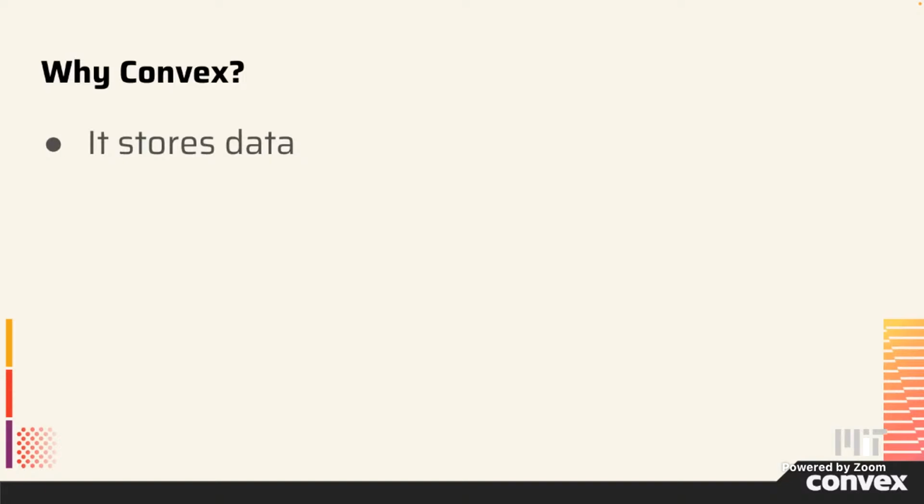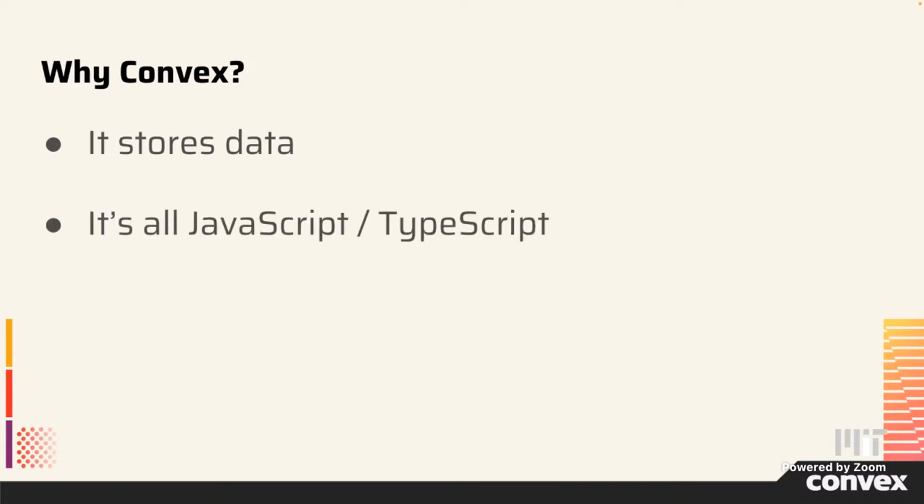So why should you use Convex? Hopefully James's pitch was pretty convincing this morning, but it's a database, it stores data. Probably whatever application you're building needs to store some data somewhere on a server. We can be that, and you don't have to click around a bunch of buttons on AWS. It's all JavaScript and TypeScript. So if you're building web or React Native mobile, you have to do a lot of that anyways.